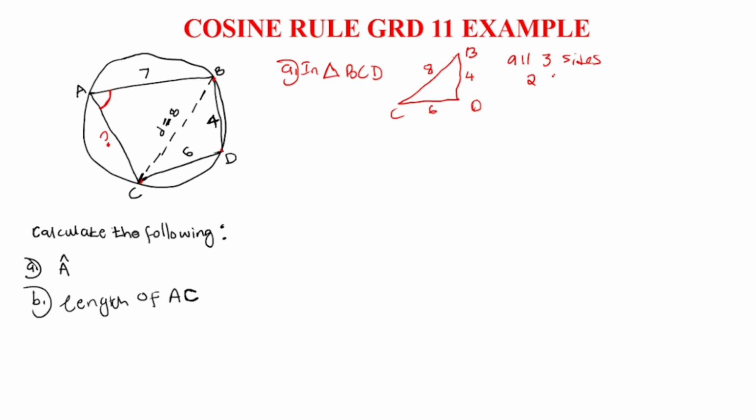In this case, because we're using cosine rule and they said we must find A, the best thing to do here is to find D. If we find D, we know from Euclidean geometry that opposite angles in a cyclic quad are supplementary, which simply means when you add them together they must give you 180.